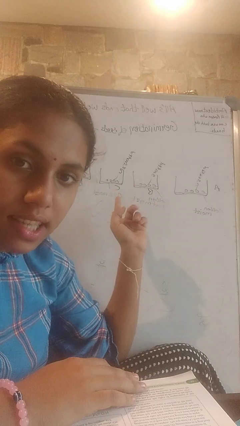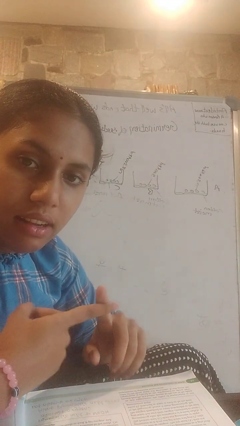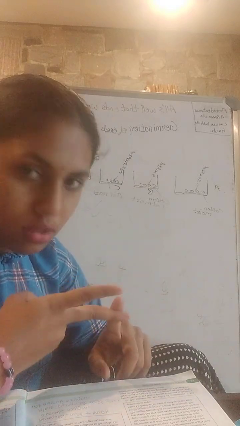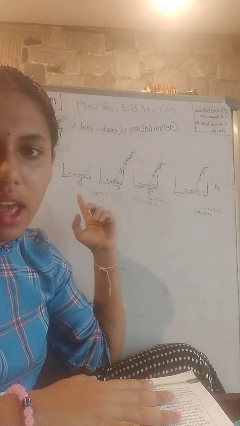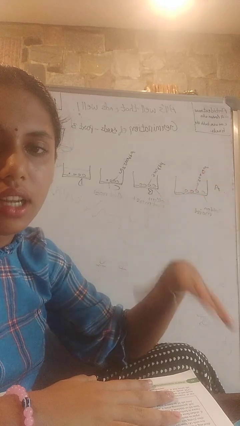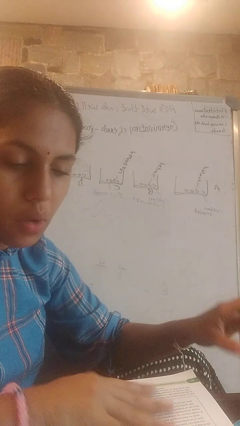Now in petri dish C, both the cotton is dry and the seeds are unsoaked. And then in D, the seeds are fully submerged inside the water.